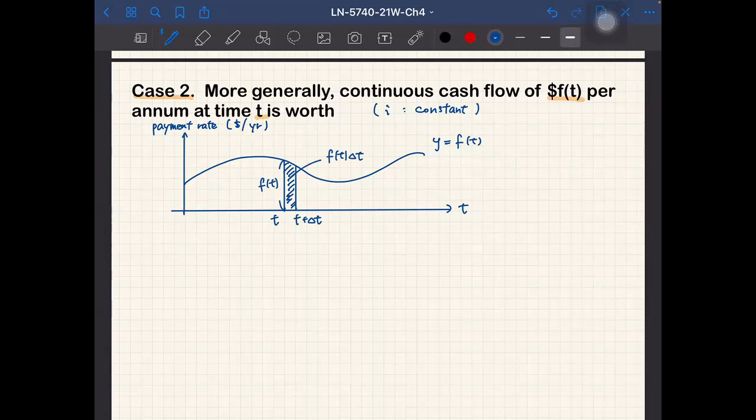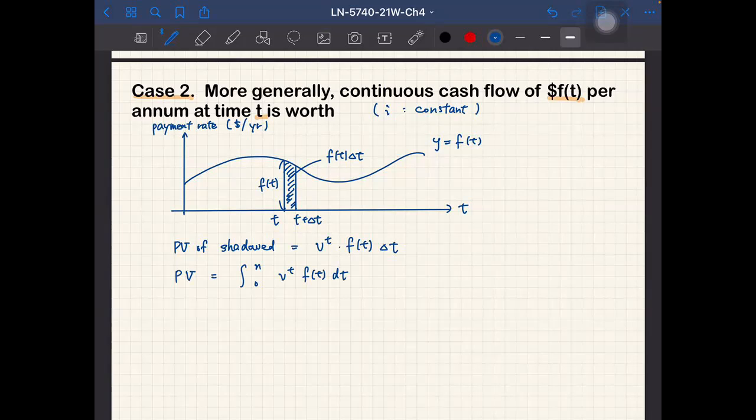That means the present value of this shadowed area is equal to v to the power t times f of t times delta t.